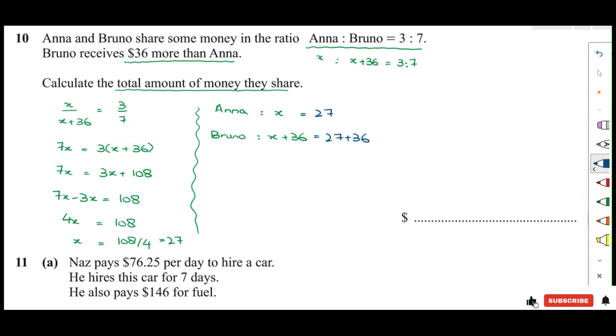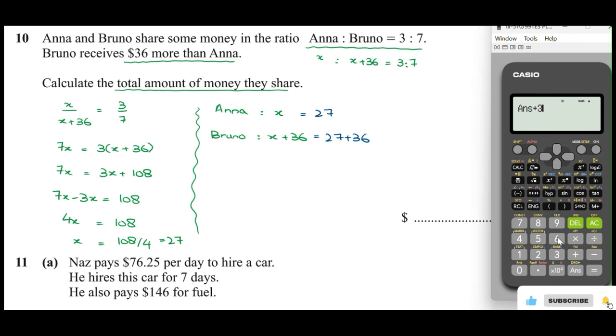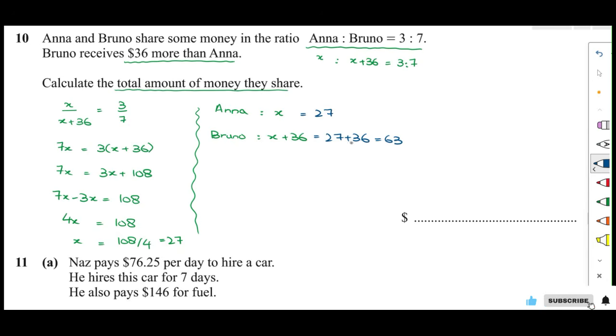In 27 we need to add 36, that's 63, so he receives 63. We need to figure out the total amount of money they share. So the total would be the sum of 63 plus 27, which is 90 dollars they both share.